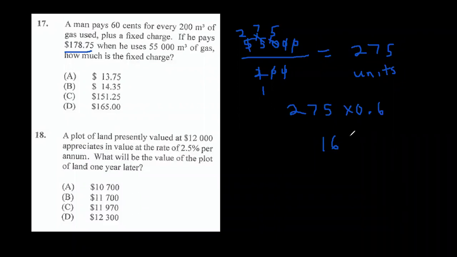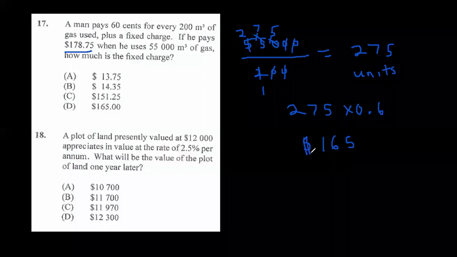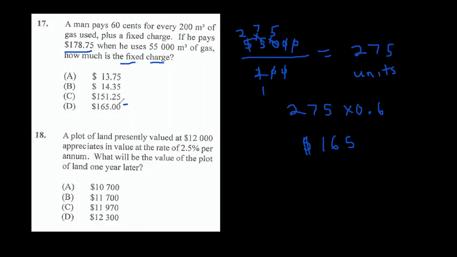Right, $165. So much money you're going to pay for gas, except that what? They didn't ask you for this amount of money, right? What are they asking for? Fixed charge. So right away, you can eliminate D.